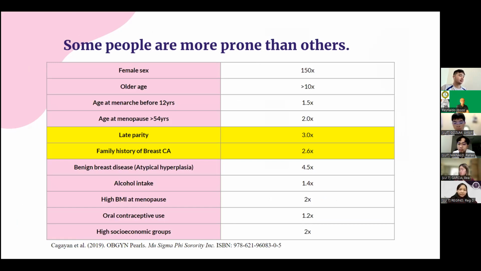So that by itself already increases her risk of developing breast cancer by 5 to 6 fold. So this is what we tell her, that you're more prone to develop it because of your family history and late parity, and therefore it may not be so surprising that it happened at this point in time. Next slide, please.